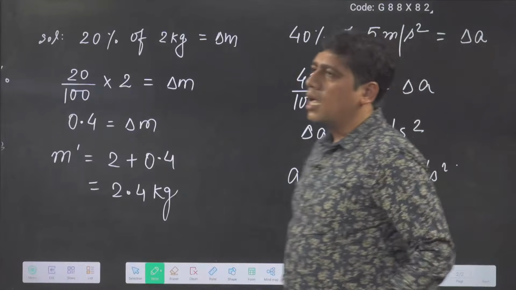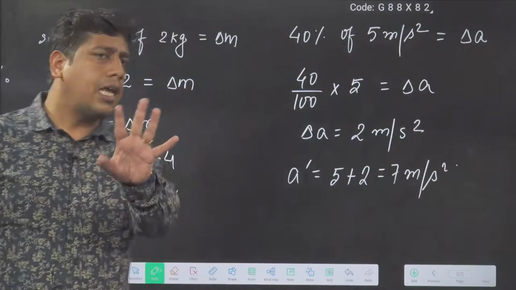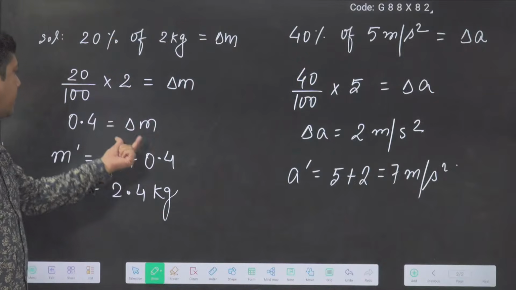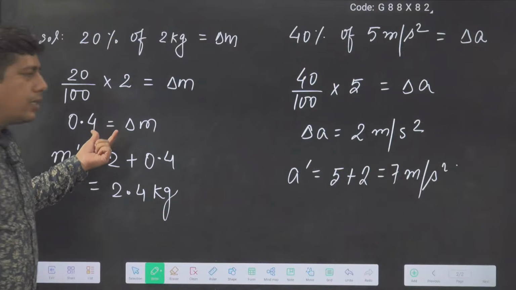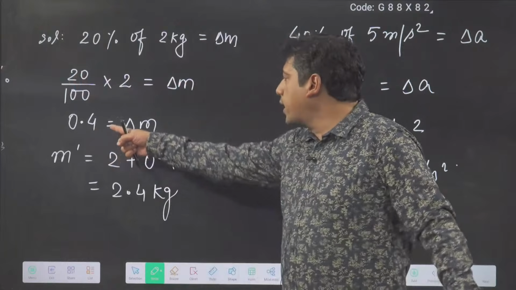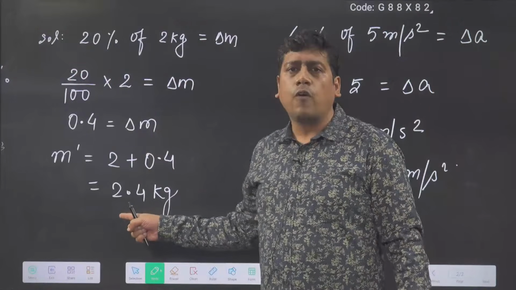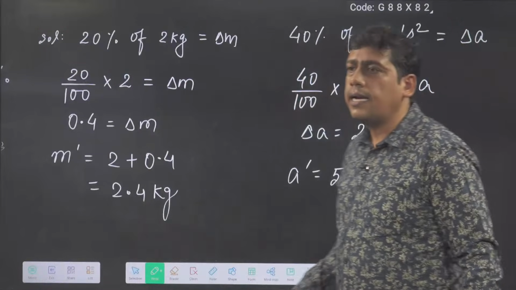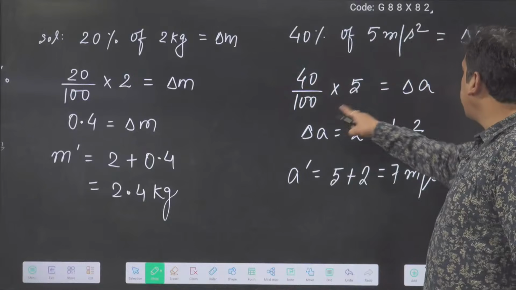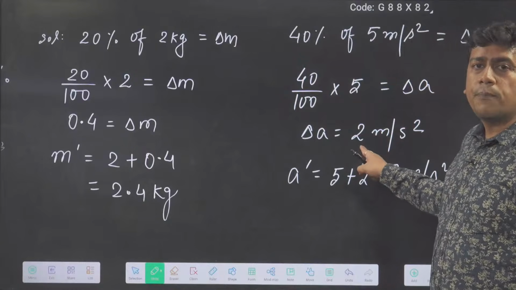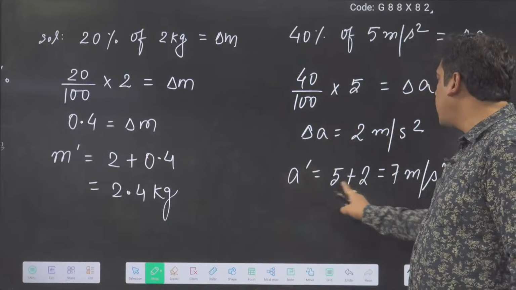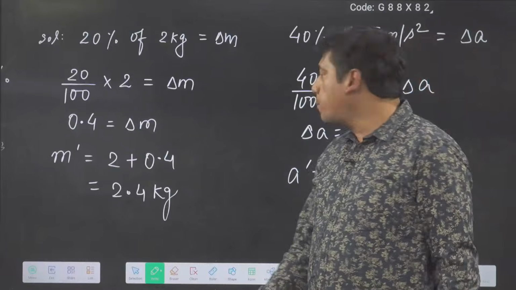Please understand. Earlier mass was 2 kg. 20% increase, the increment is 0.4 kg. New mass is, instead of 2, now we will take 2.4 kg. Now, 40% increase is 2 meter per second square. Earlier acceleration was 5, now new acceleration is 7 meter per second square.